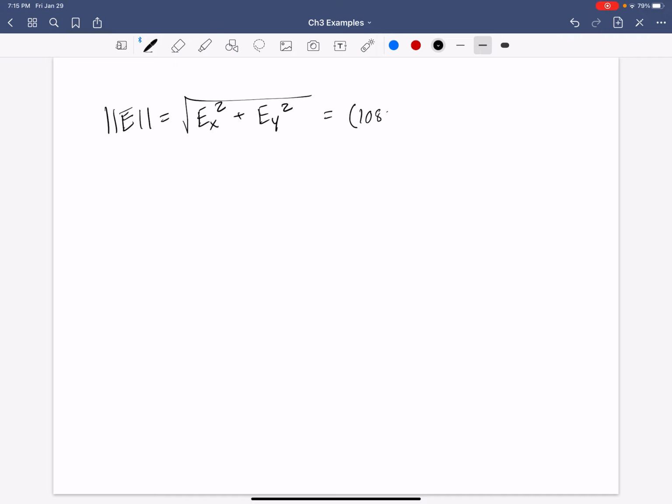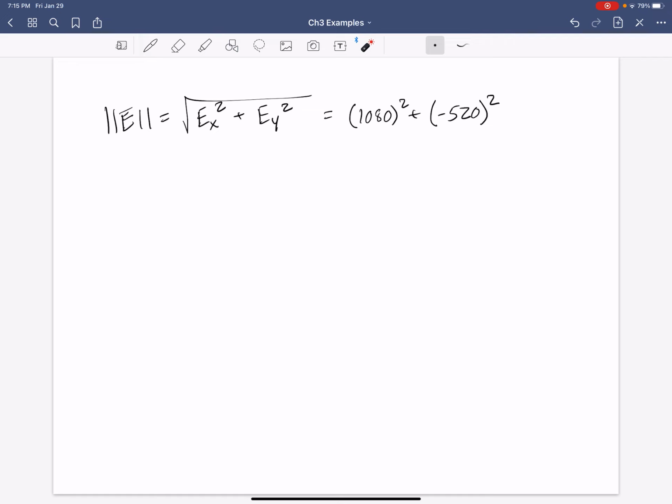So that was 1080 plus negative 520. Okay, here again, that plus is coming from the Pythagorean theorem itself. The magnitude of EY includes the negative. Okay, so don't simply put that negative out there, right?